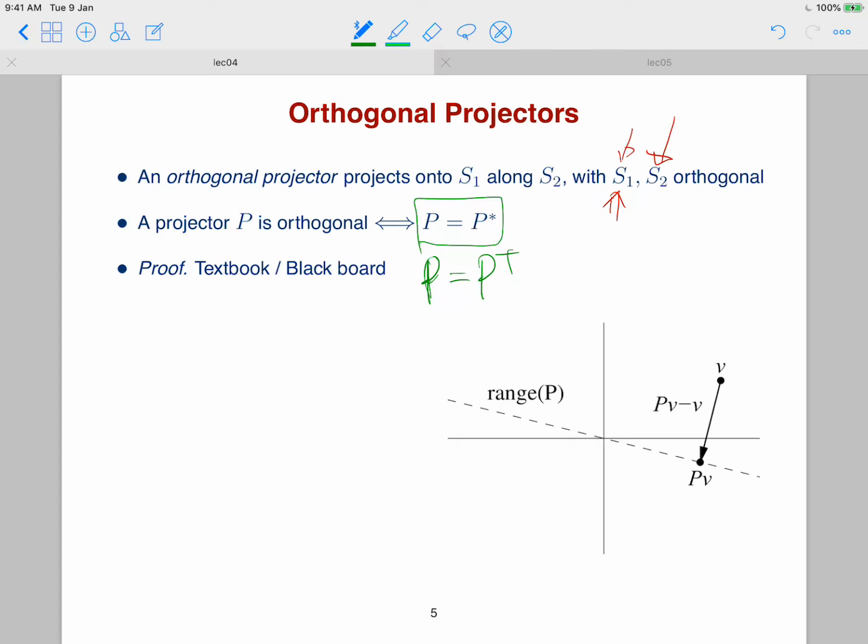I leave the proof to you, but the main sketch of the proof is that we start from P squared is P, which is the property of this projector, and then if the column spaces of P and I minus P are orthogonal, it should satisfy P being equal to P transpose.